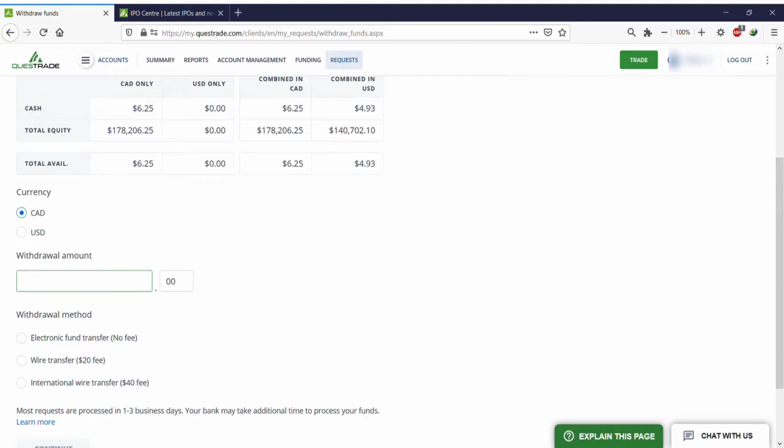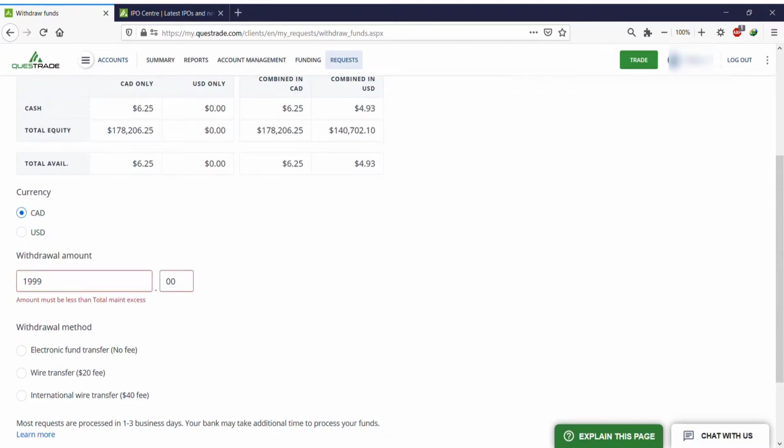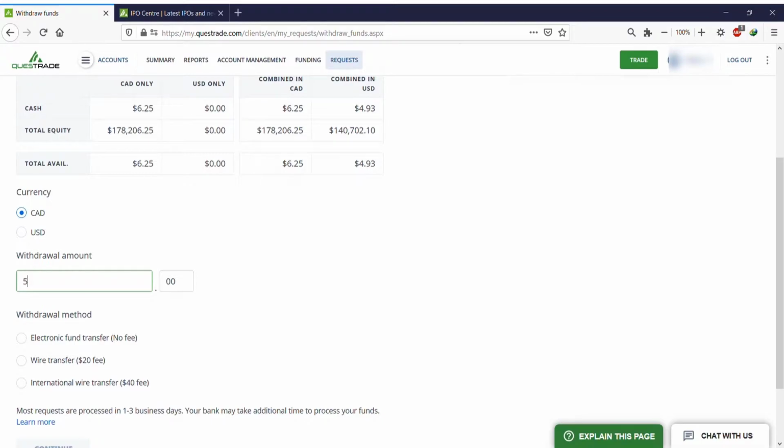So let's put whatever, and electronic, you see, amount must be at most the total maintenance excess. Because I have only $6.25, I would put $5. So right now it's okay.